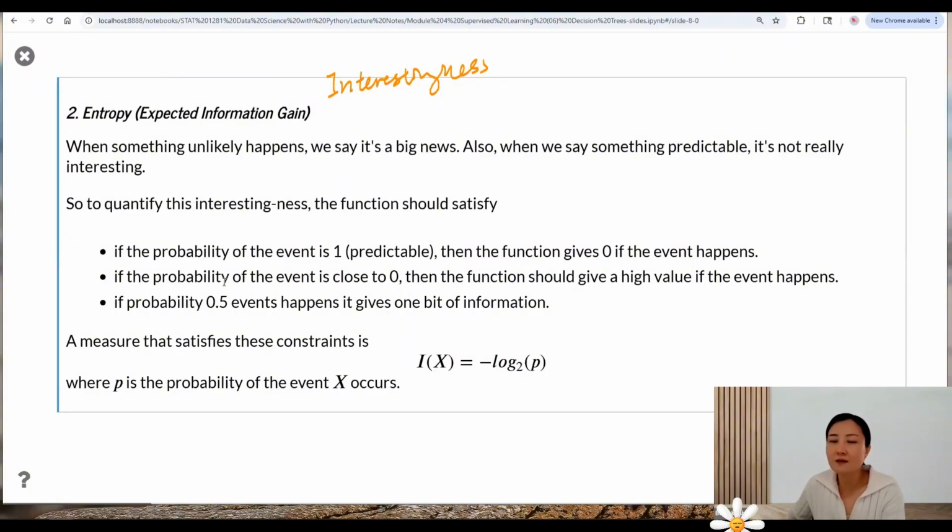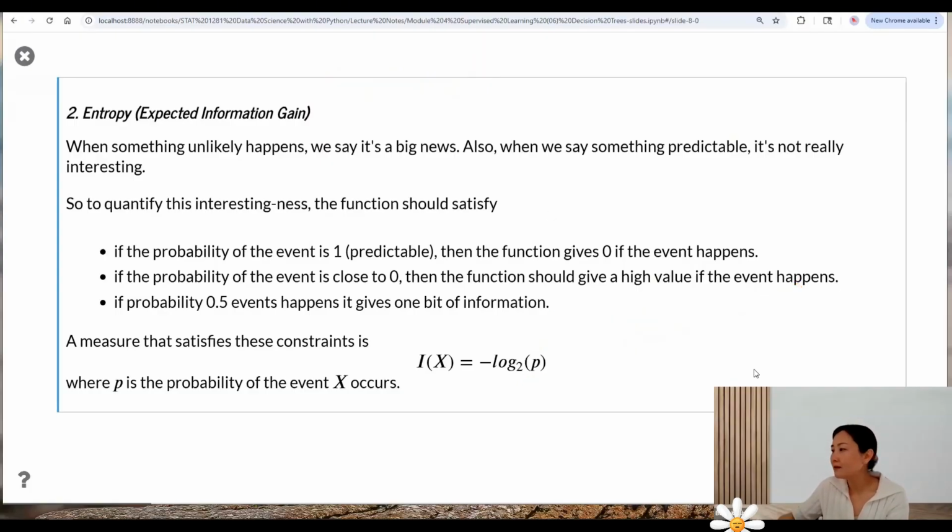This is the standard unit for this measure of interestingness. It turns out that this function, negative log base 2 of p, satisfies all of these three conditions, where p is the probability that the event occurs.